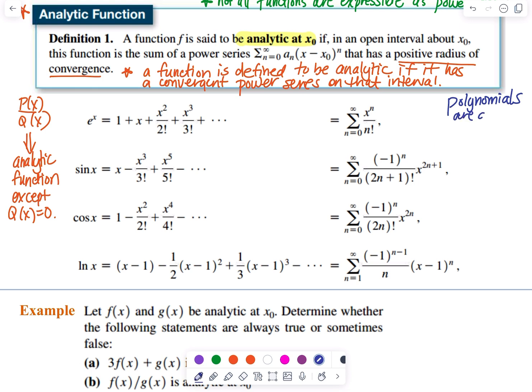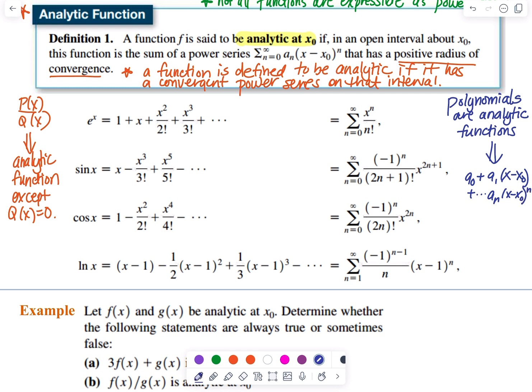And we can actually write those because these can be written as a naught plus a sub 1 times x minus x naught, plus dot dot dot, a sub n times x minus x naught to the nth power.